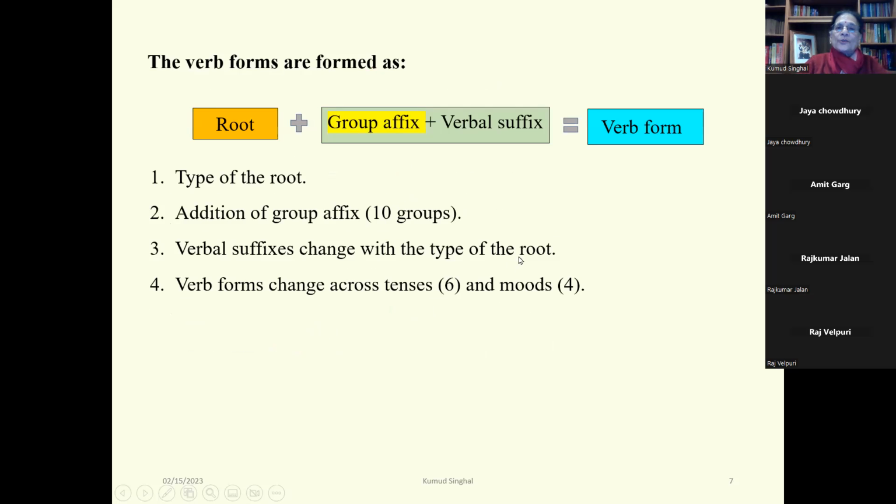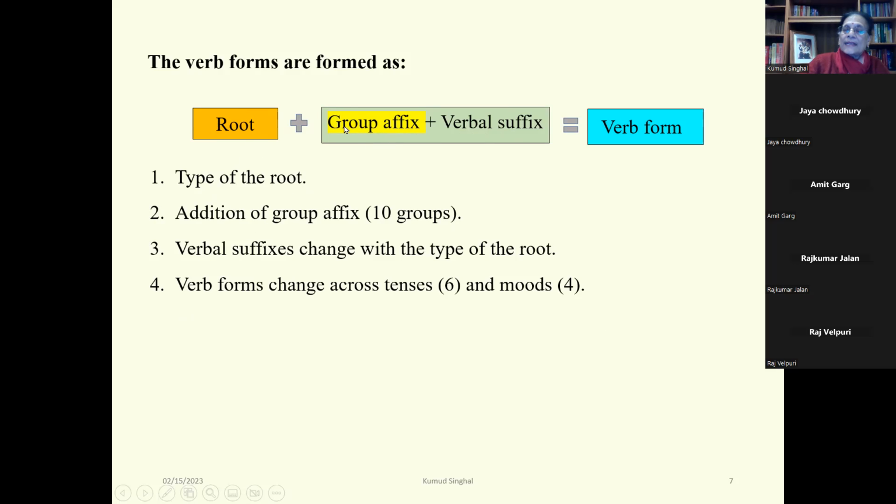So we have gone through this, and I'm just going to review the material. So the verb forms are formed as, to the root, you add a group affix and a verbal suffix, and then the resulting will be a verb form or a kriya pada. So there are 4 things to watch out for here. What type of root it is, whether it is a parasmaipadi root, atmanepadi, or ubhaypadi. Then which of the 10 groups does it belong to?